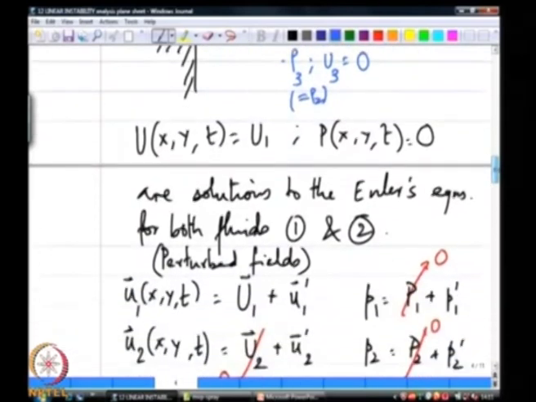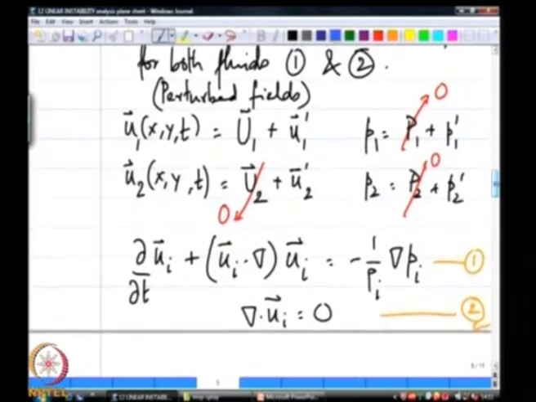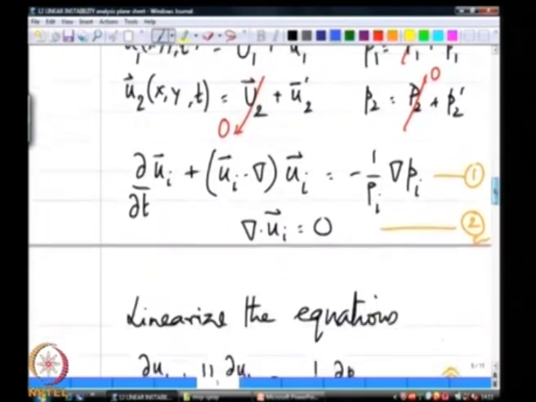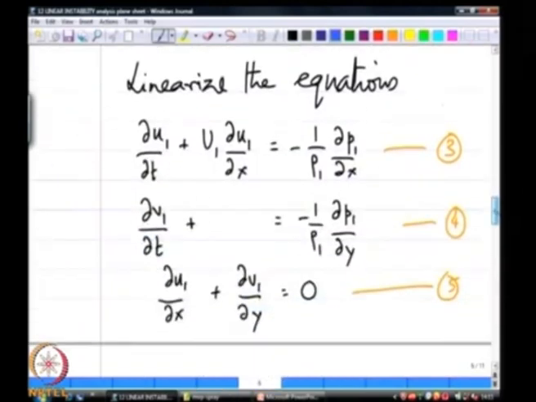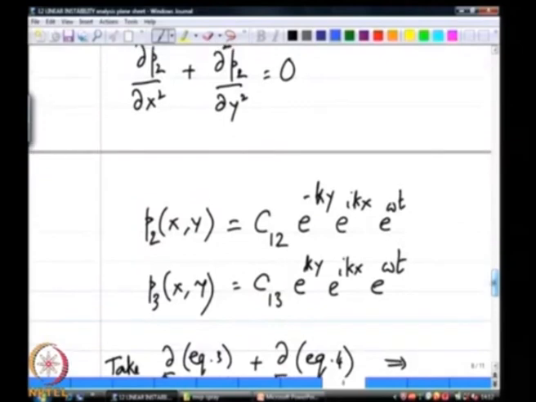So, we went through the process of writing the Euler's equations for both the fluids and then going through the perturbation process for the two fluids, and we came as far as calculating the pressure field in the fluid above and the fluid below. The pressure field in the fluid above, P 2, is given by this expression, C 1 2 e power minus k y e power I k x times e power omega t.